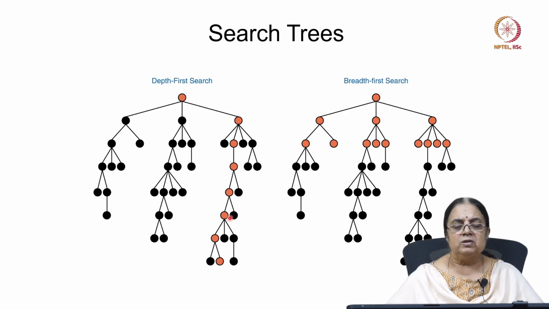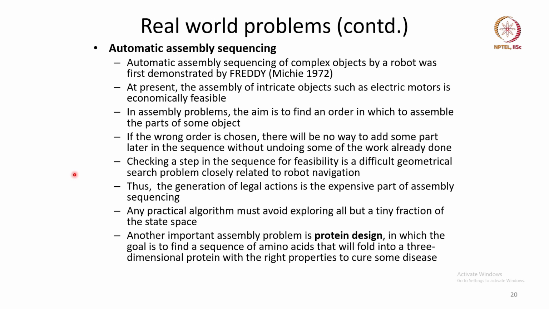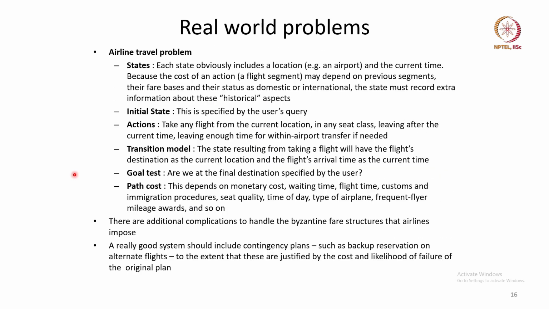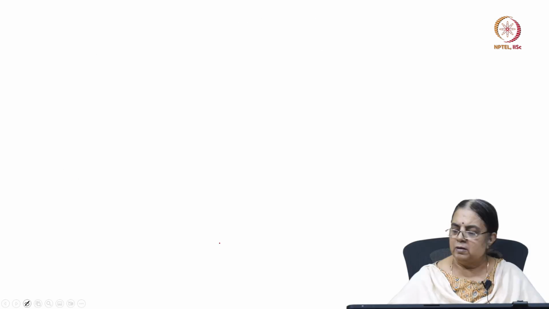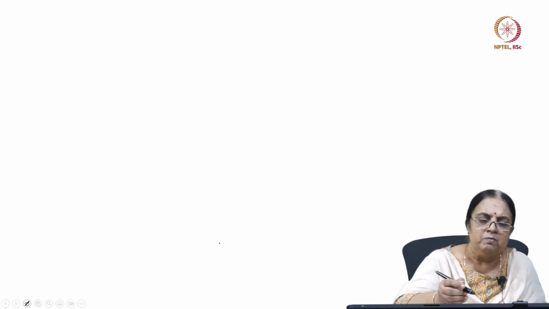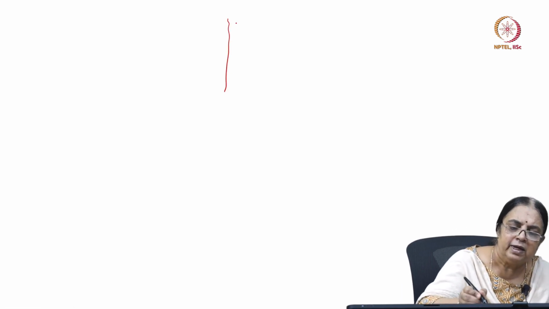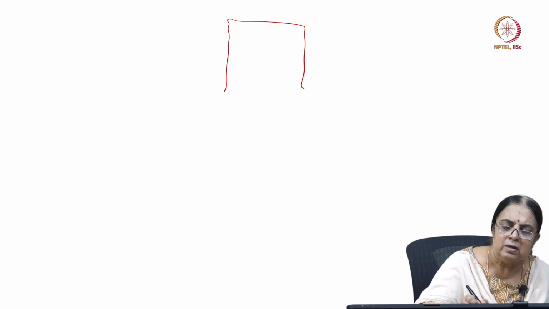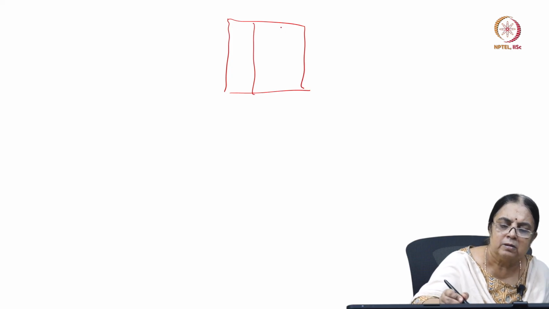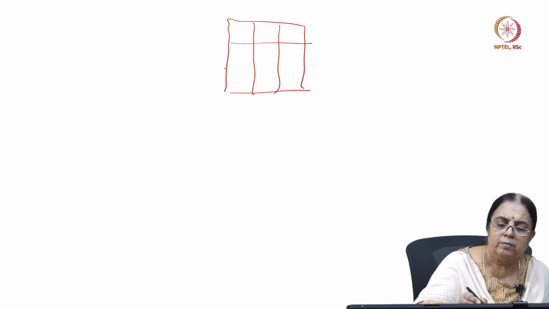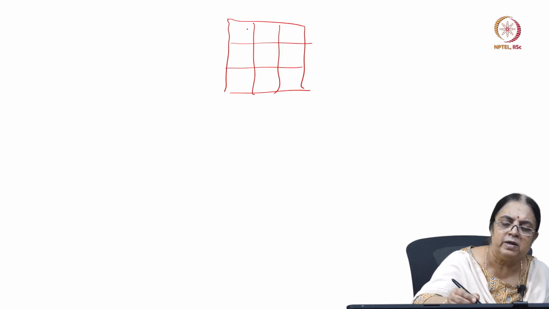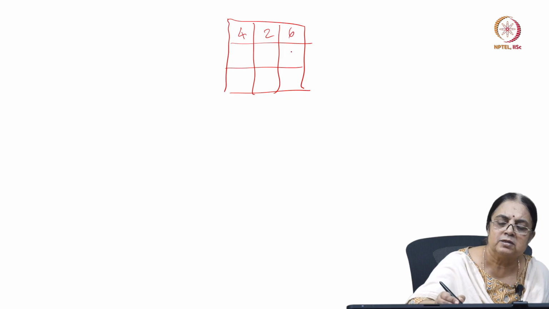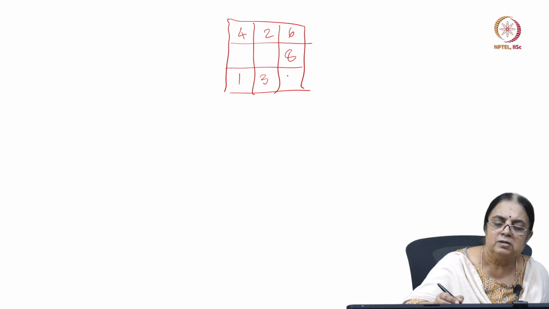What I wanted to actually show you is, for example, if we take the 8 puzzle in this way, maybe I have 4, 2, 6, 8, 1, 3, 5, 7.